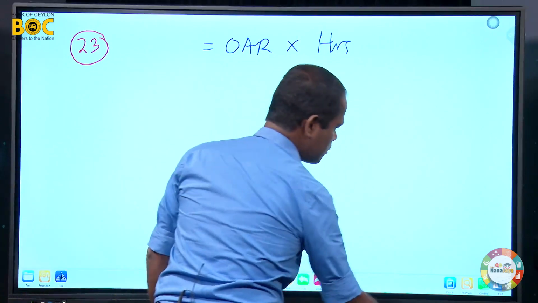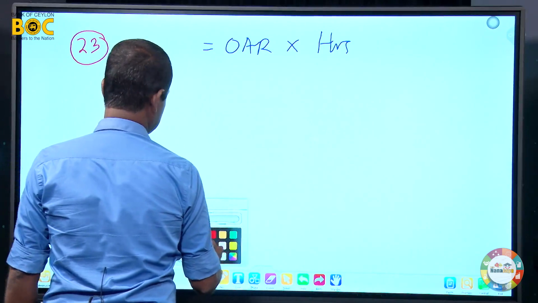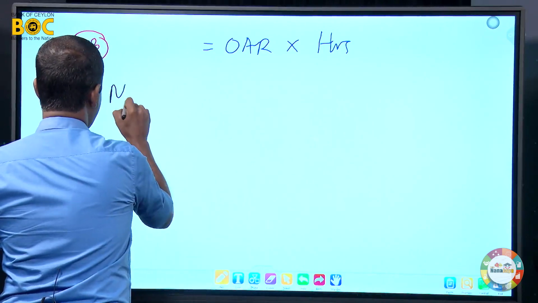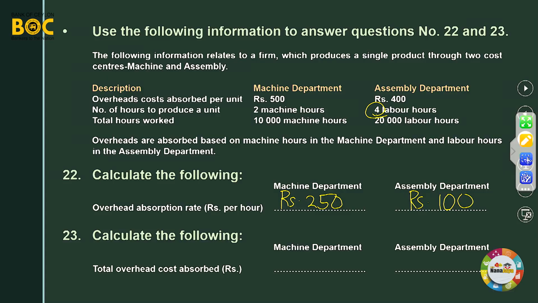The machining department separately. Machine department overhead absorption rate, how much? The absorption rate is 250, we calculated.